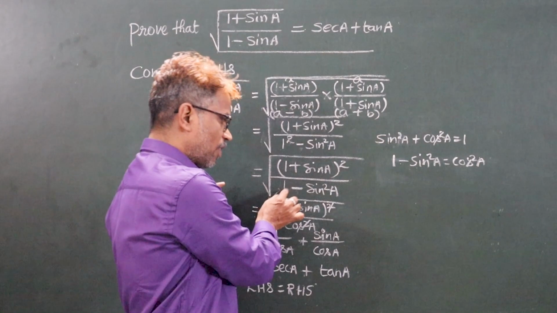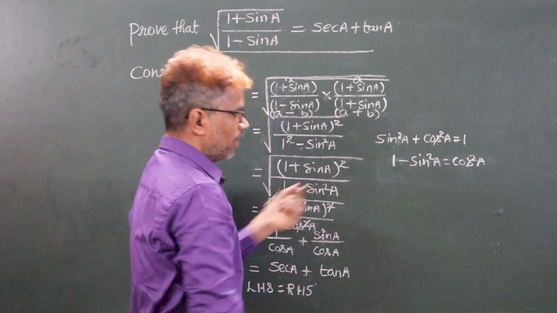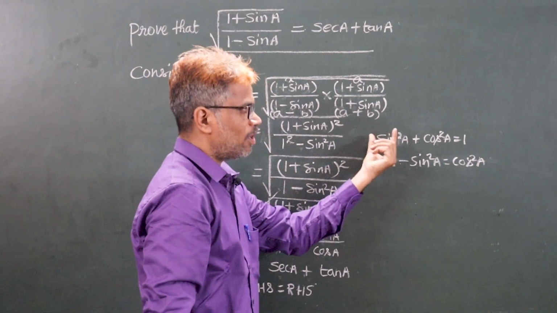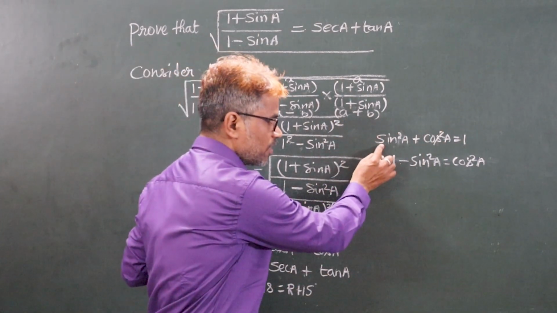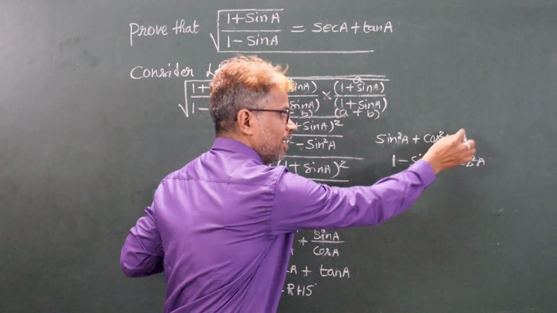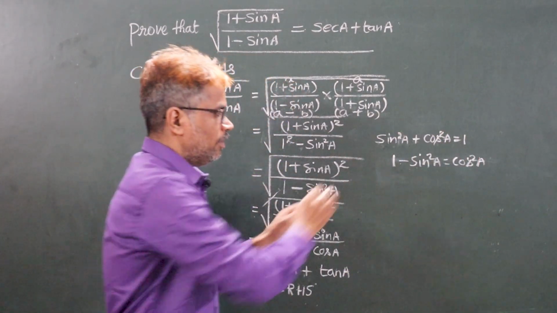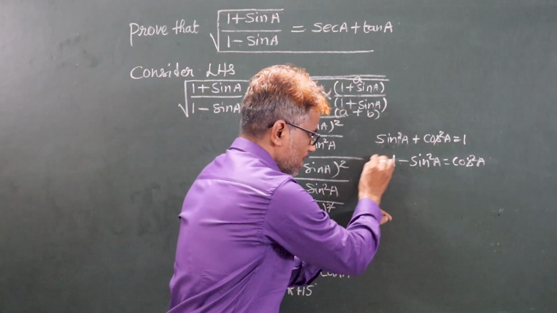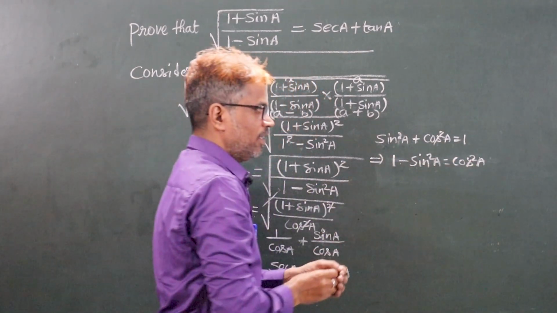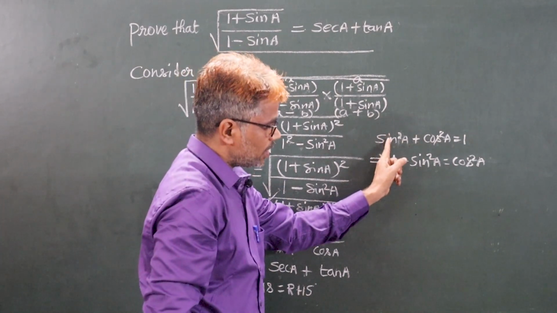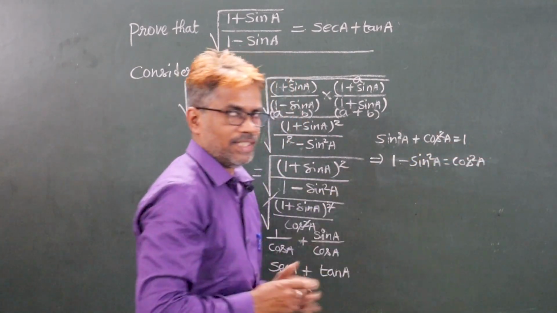To get the value of 1 minus sin square a, we already discussed one important standard trigonometric identity, that is sin square a plus cos square a is equal to 1. This implies that 1 minus sin square a is equal to cos square a, which we get by transposing sin square a to RHS.